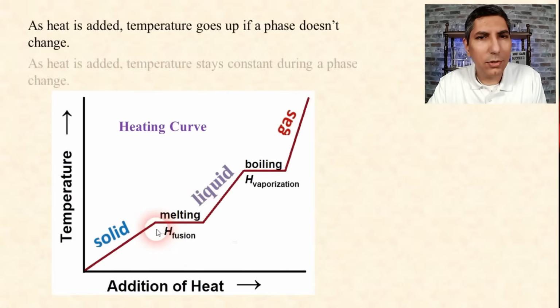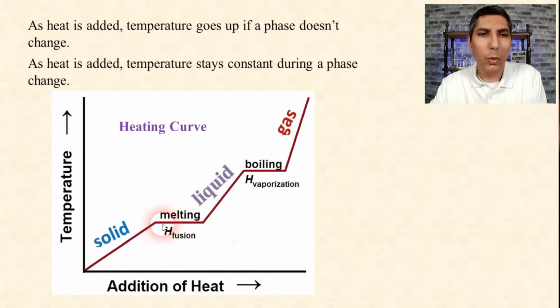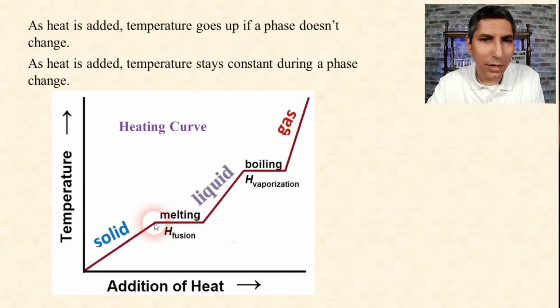However, once it gets to a phase change, when you add heat, its temperature stays level. So notice that as we get to the melting point of whatever this substance is, it just stays constant. And the value that goes along with that is the heat of fusion, or the enthalpy of fusion.